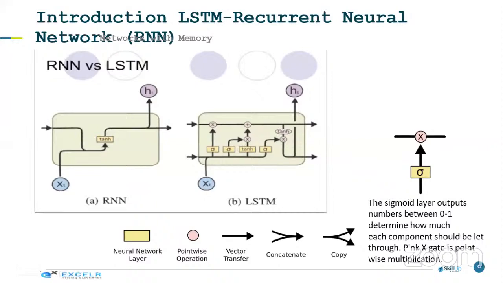Try to understand. This is the diagram where you can see that in a recurrent neural network, this is output t minus 1. We are giving the output, we are also giving the input, and there are weights associated with it, and then it is passed through the function and gives us the output.